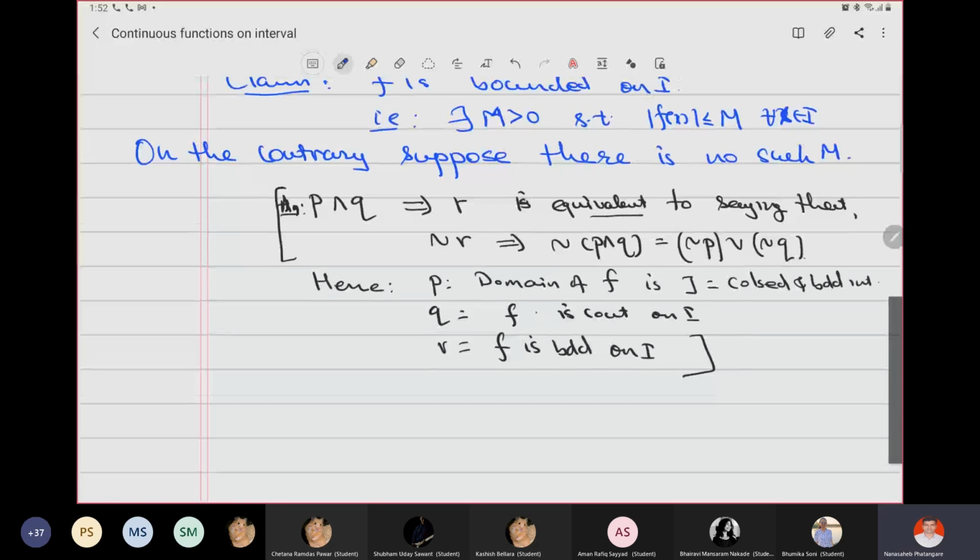Suppose there is no such M, so the function is not bounded. So since f is not bounded on I, M equal to 1 is not a bound for f. Is it correct? Do we agree?